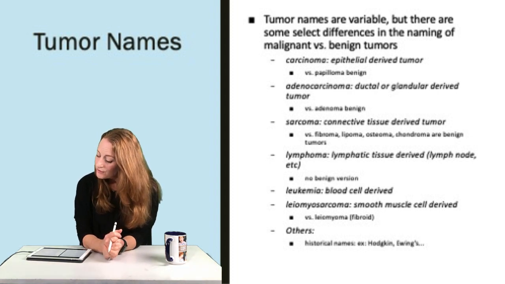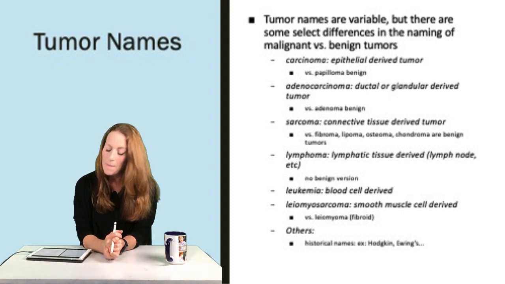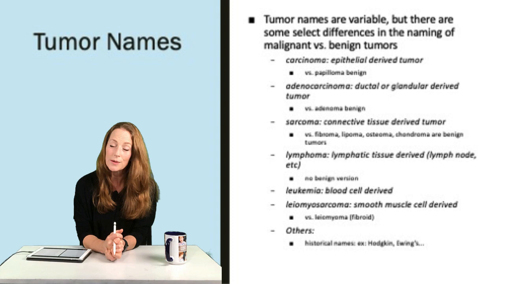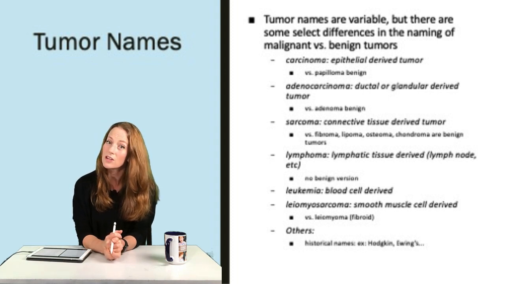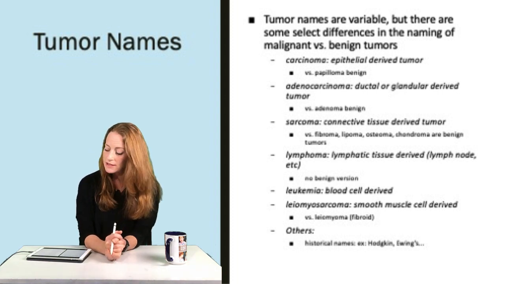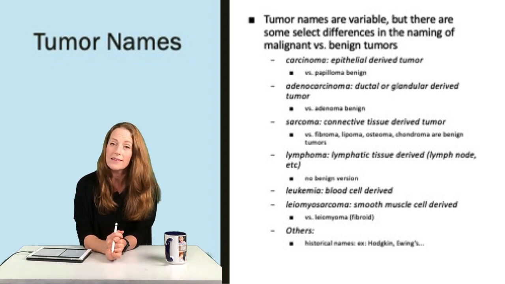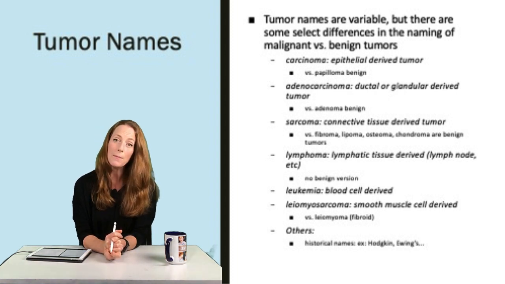So tumor names are variable, but there are some select differences in the naming of malignant versus benign tumors. Often tumors are named for the tissue of origin and whether it's benign or malignant. So for example, a carcinoma is an epithelial-derived tumor versus a papilloma, which is a benign tumor.